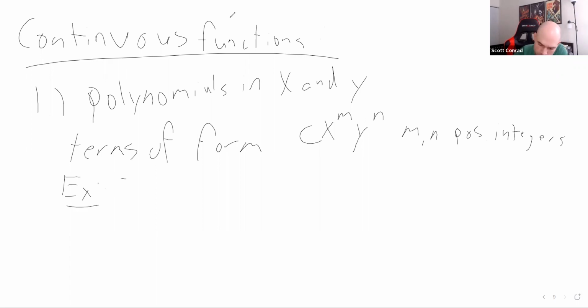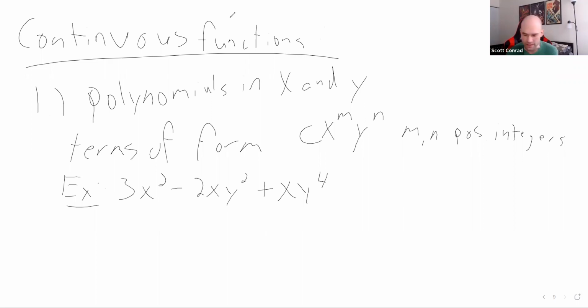So for example, this would be a polynomial: 3x squared minus 2xy squared plus xy to the fourth. Every term is just a constant times x to some positive integer value times y to some positive integer value. Well, it could be y to the 0, and in the case of the first one, x to the 0 or y to the 0 is just 1.